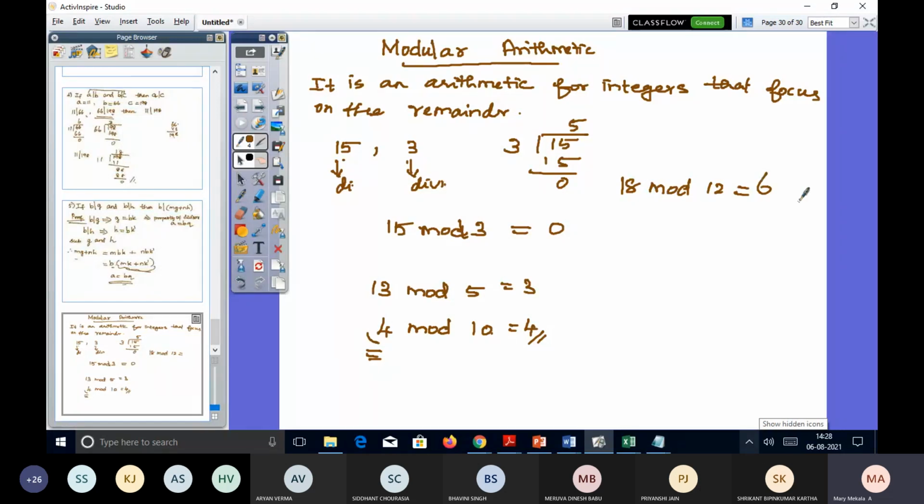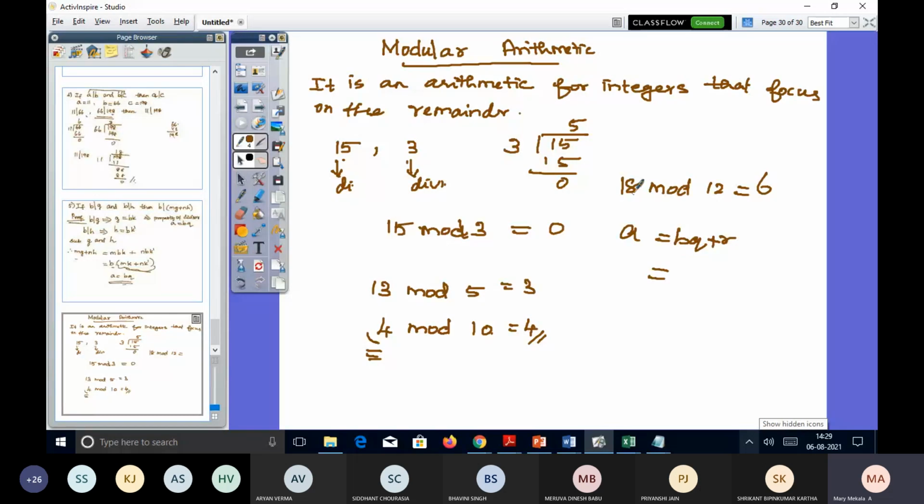The same thing can be written in a different notation also. We have studied this algorithm, that is A is equal to BQ plus R. So how can we write the same notation?